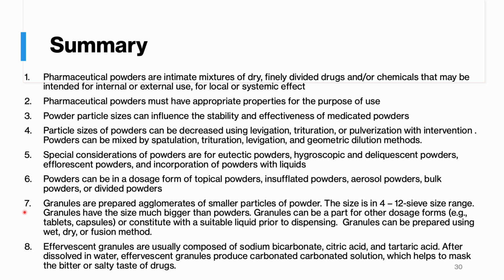Granules can be a part of other dosage forms, for example tablets, capsules, or constituted with a suitable liquid prior to dispensing. Granules can be prepared using wet, dry, or fusion methods. Effervescent granules are usually composed of sodium bicarbonate, citric acid, and tartaric acid. After dissolving in water, effervescent granules produce carbonated solution, which helps to mask the bitter or salty taste of the drug.